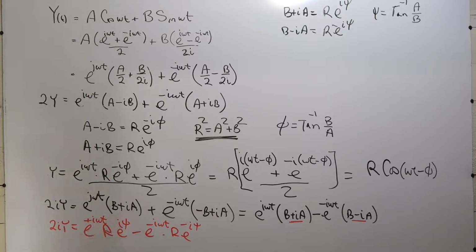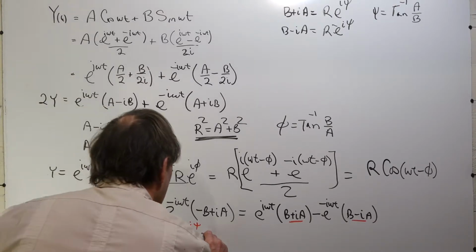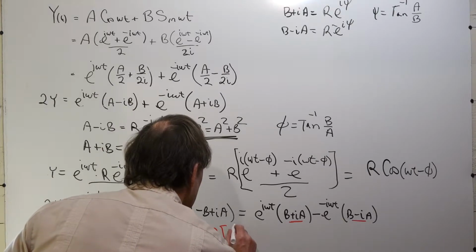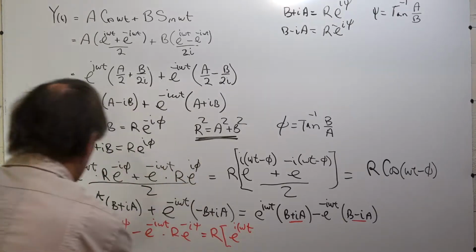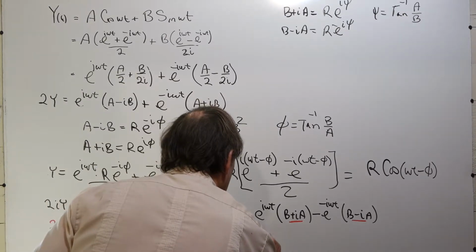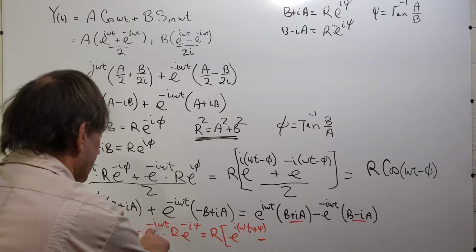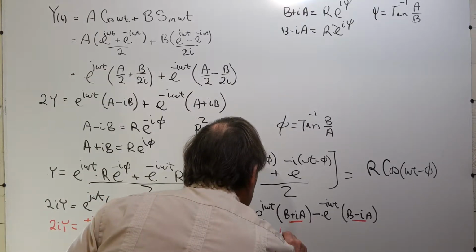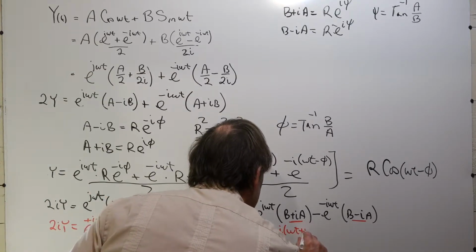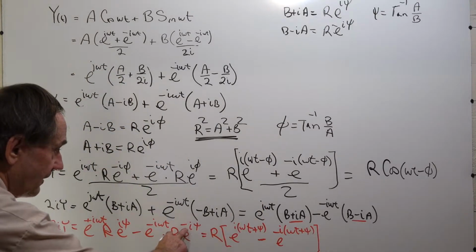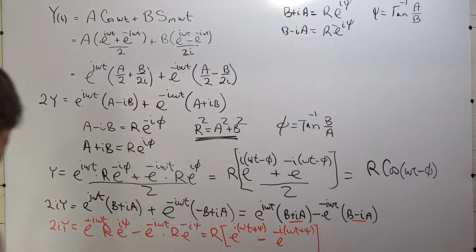Again, we can combine the exponents and pull out the R. We have R times e to the i omega t plus psi, minus e to the minus i omega t plus psi. We have a minus, we pull it out, and it's omega t plus psi. And now we can divide through by 2i.